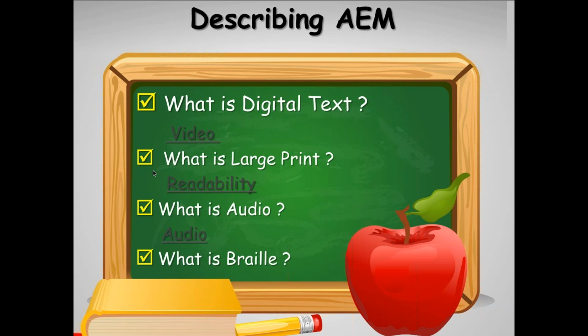An IEP team can determine if Braille is appropriate for a student with visual impairment. This process includes information, that is, the IEP team has to obtain information from a variety of sources, such as the clinical low vision evaluation, a functional vision assessment, a learning media assessment, and the student's progress in the educational program.